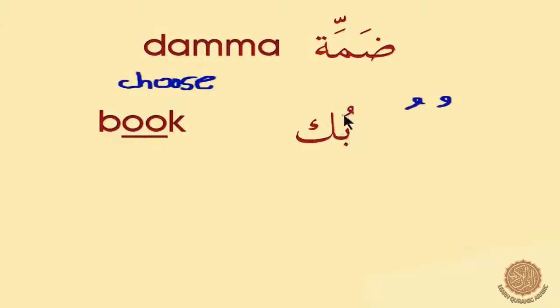This letter alone with the dhamma would be bu. So book. Similarly, we have the word in English put. It's put. So there's a u sound that represents the sound that a dhamma makes.